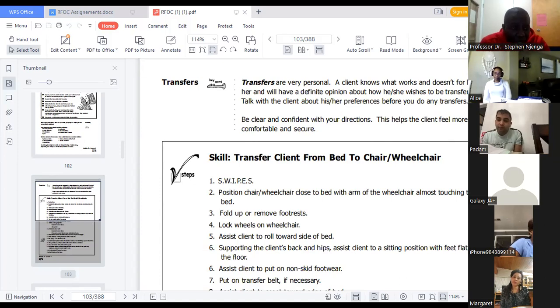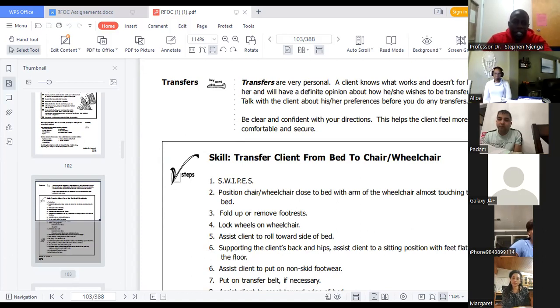That is very important. If you don't lock the wheels properly, the wheelchair may move when you're about to make the client sit. That can become a problem.